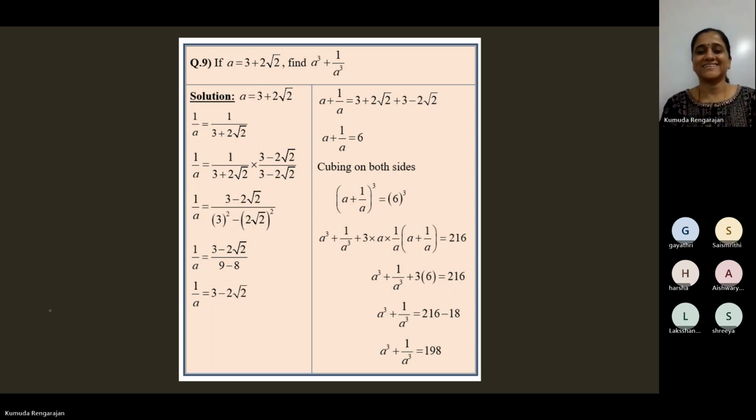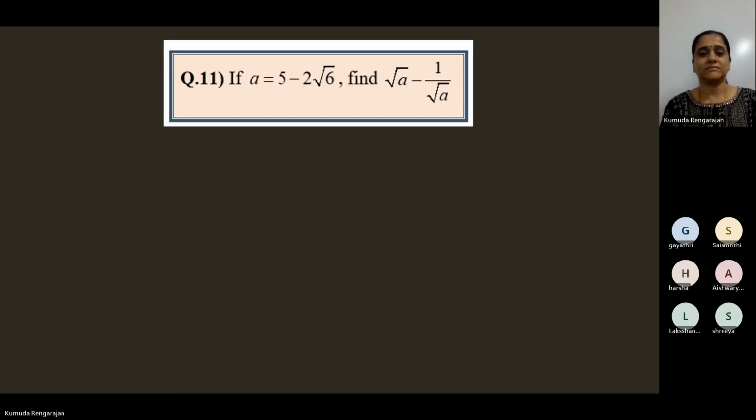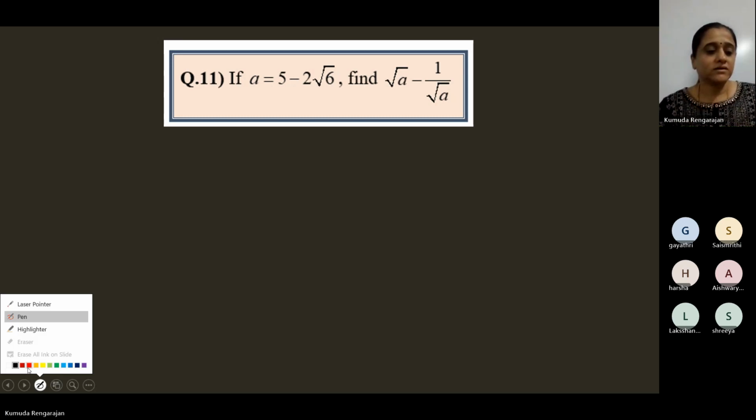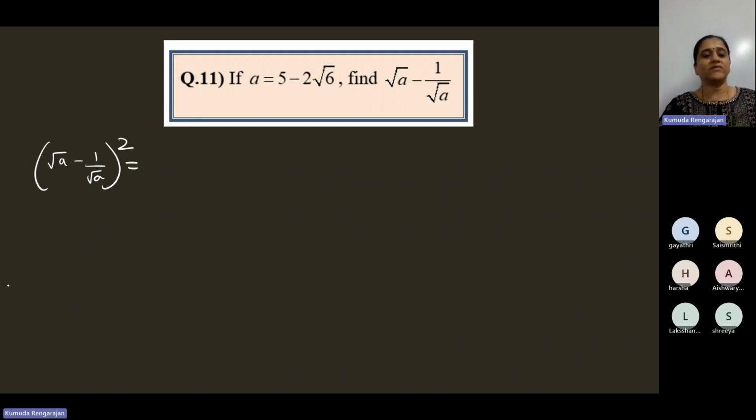This is the next one. Now let's understand what we'll get when we square this. What is root a minus 1 by root a the whole square?